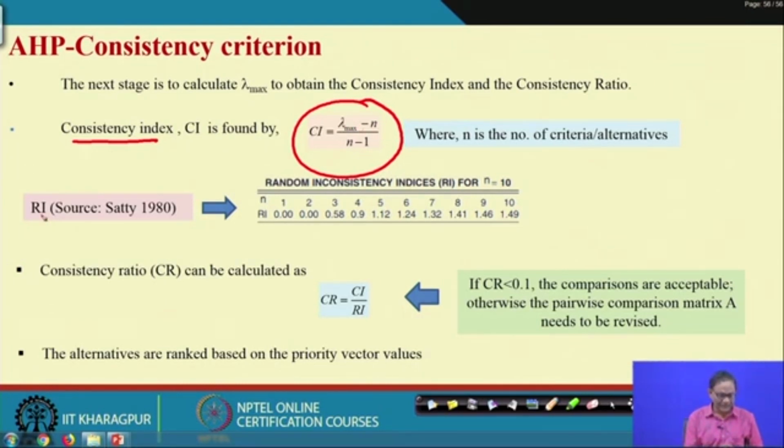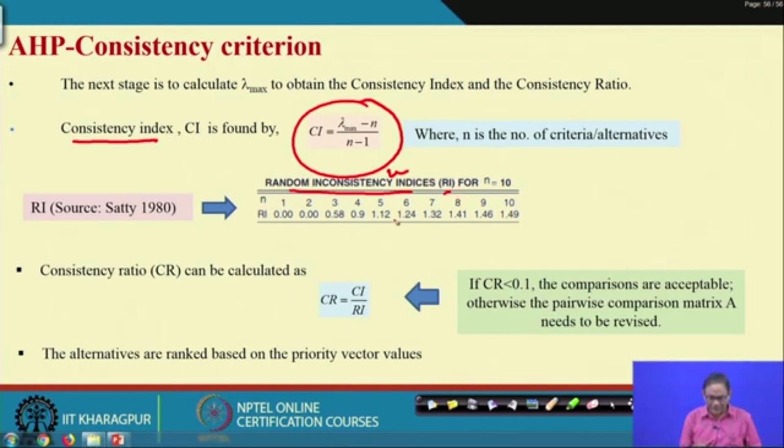Then there is another index called the random inconsistency index, RI. Saaty has given the random inconsistency index up to n equal to 10, meaning 10 alternatives or 10 criteria to be compared.